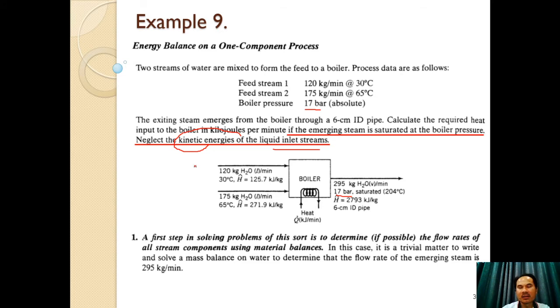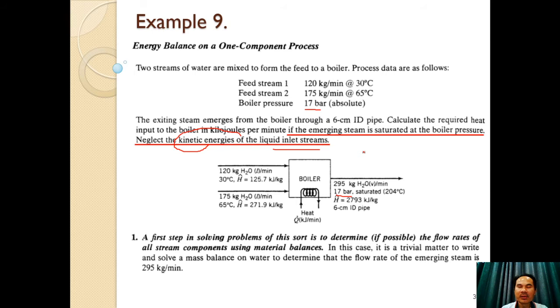The first step, you have to determine the flow rate of each stream component using material balance. We have only one component, water, so it's easy. Flow in, flow out equal.